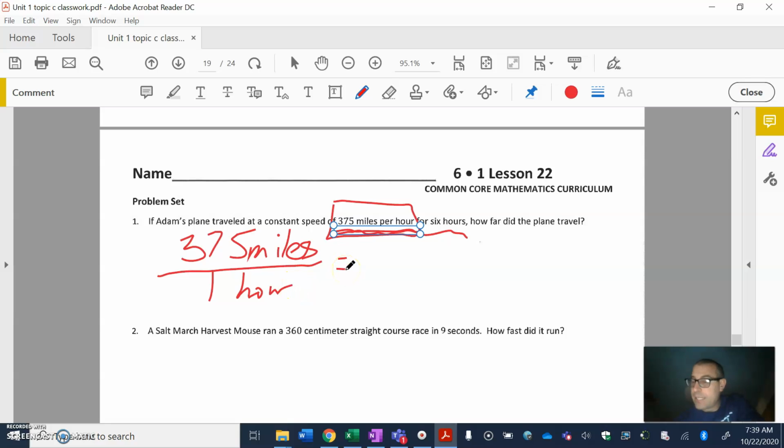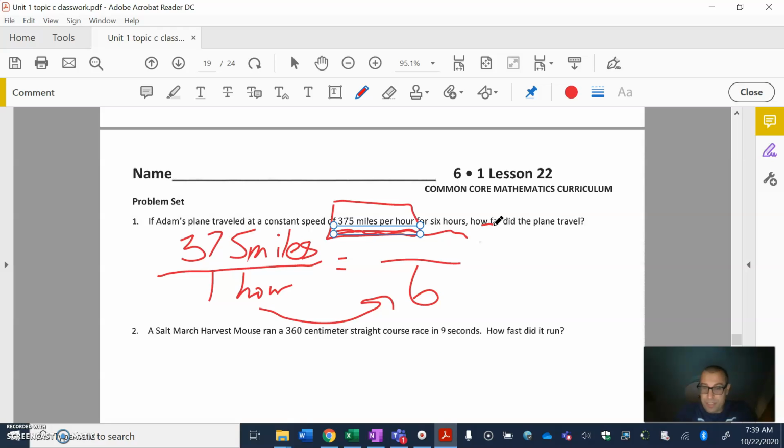And since we're talking about 6 hours here, I know 6 goes in the denominator. That's where my hours are. Now you can go ahead and multiply and solve. They want to know how far it went, so we're just going to want the distance. Make sure your answer is just in miles. Hours is not a distance, but miles certainly is.